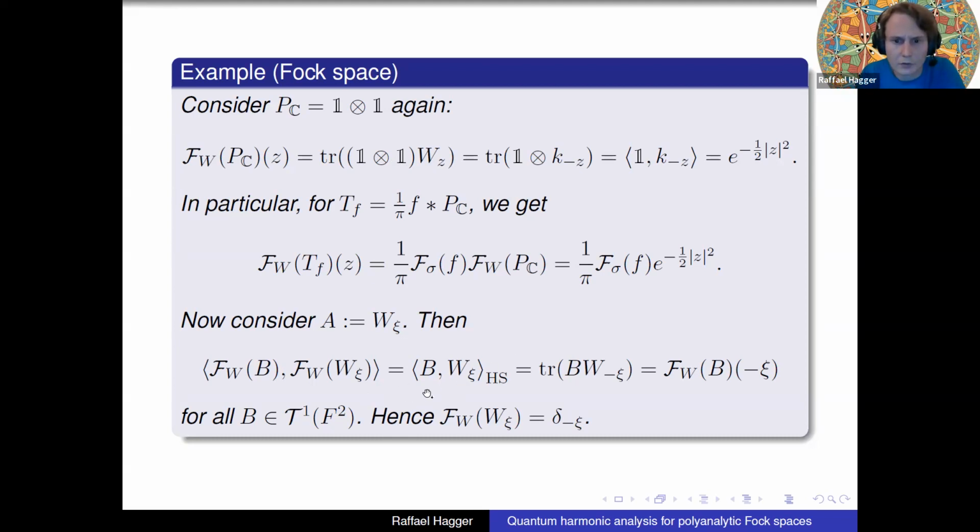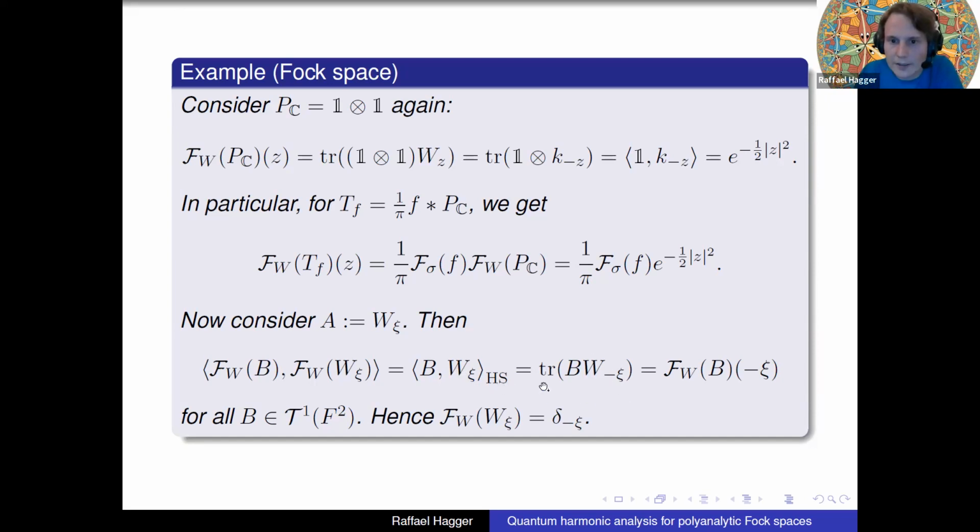So we have to make a dual pairing with a trace class operator. Then the thing here makes sense. This Hilbert-Schmidt inner product makes sense. That's just a trace. So if B is trace class, this again makes sense. So that's the definition of the Hilbert-Schmidt inner product. That's the way how we dualize on the operator side.